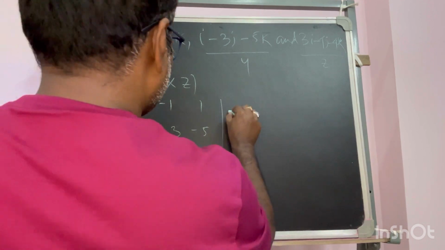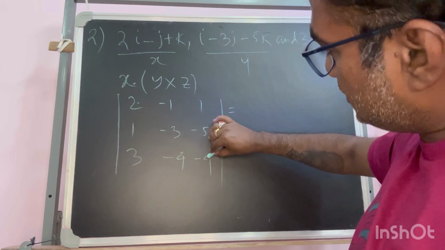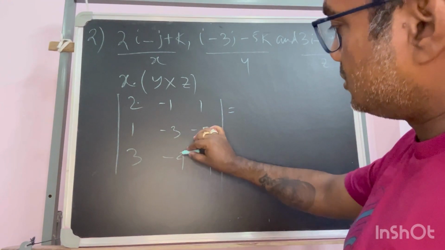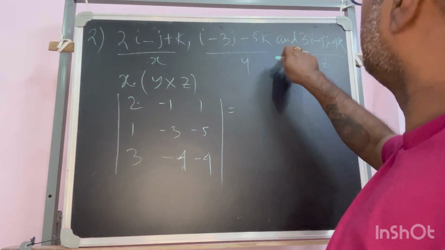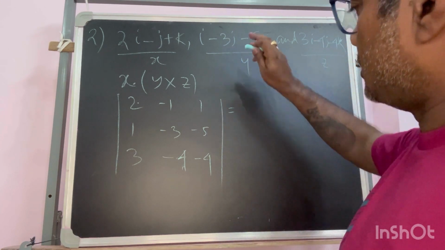So if we calculate it, I will get 2 into 3 minus 4, this is minus, plus 12, this into this is 4, this is minus 4 and this is minus, yes.